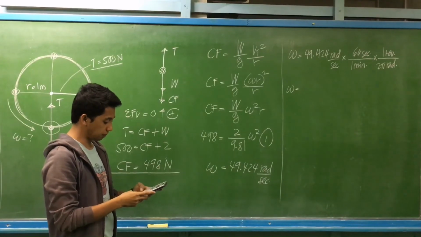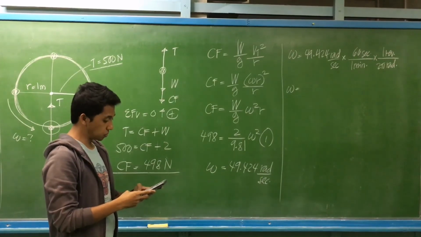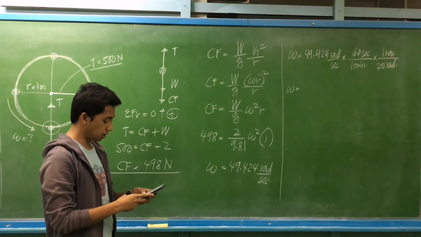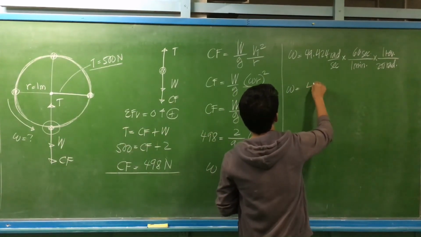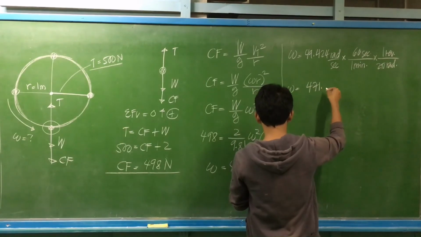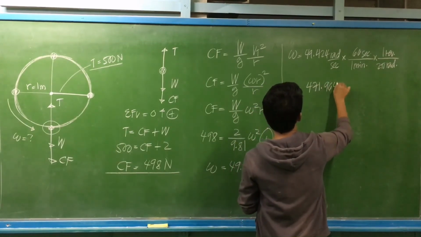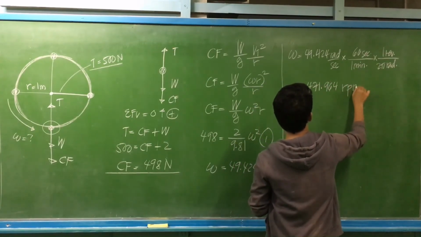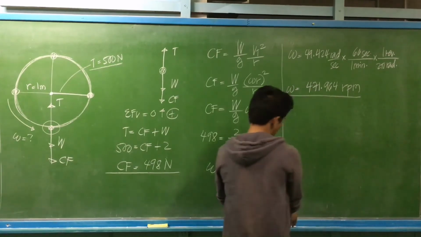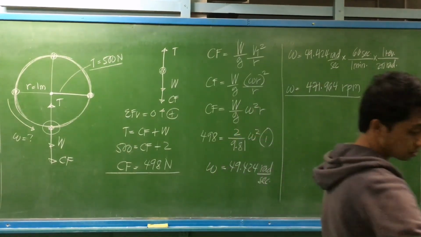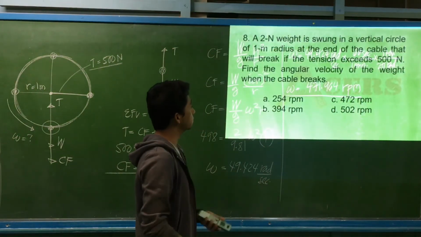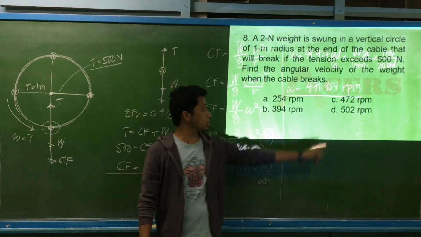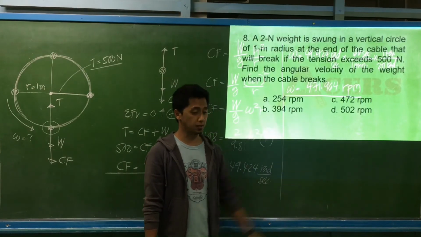We have 49.424 multiplied by 60, divided by 2 pi. So we have 471.964 revolutions per minute. That will be our answer. So let's check on our choices. 471.964, the closest value is 472. Letter C.